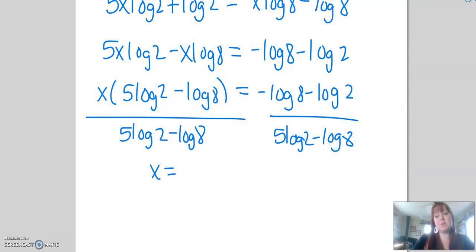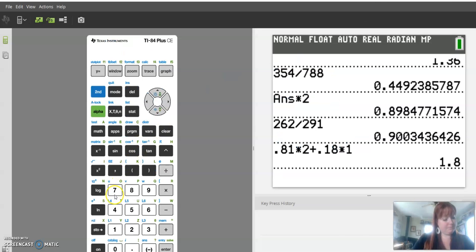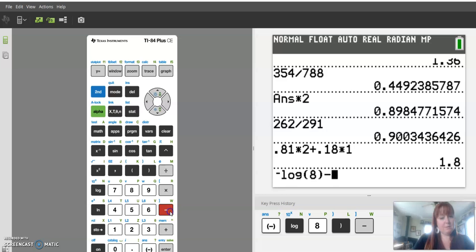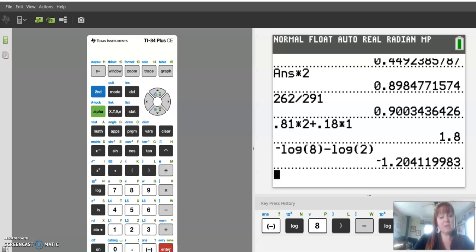So let's just put this in our calculator. So we have negative log 8, close your parentheses, minus log 2, close your parentheses. So this is what's going to be on top, and then what's on bottom is 5 log 2, close your parentheses, minus log 8, close your parentheses.